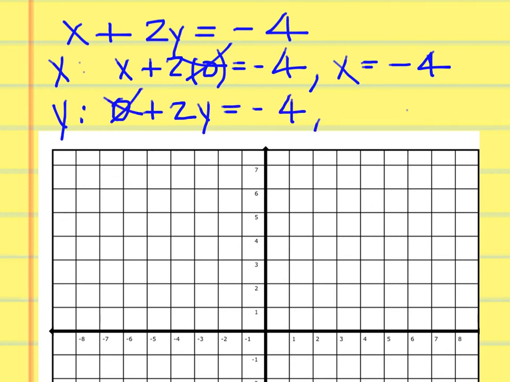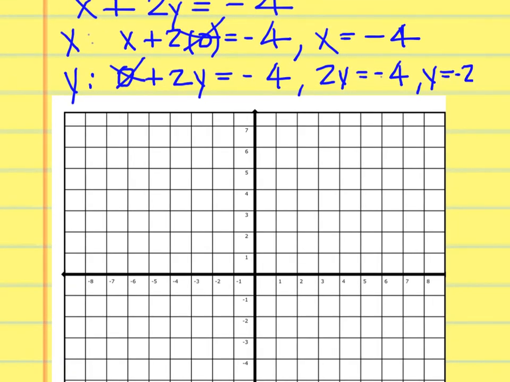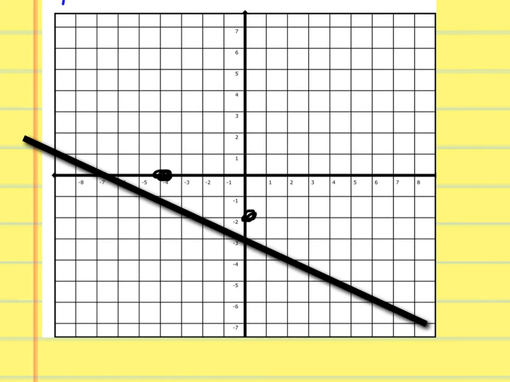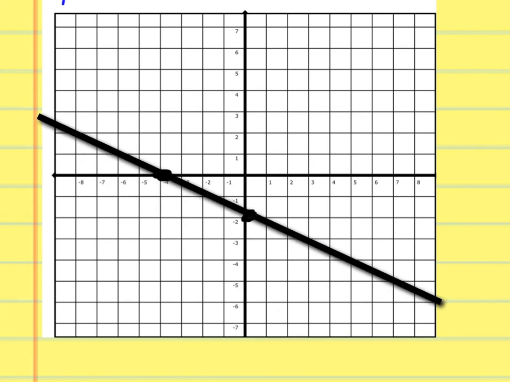That cancels out, so you have 2y equals -4. Y would be -2. So x is -4 and y is -2. And you'll make your line go through there like this, and the arrows.